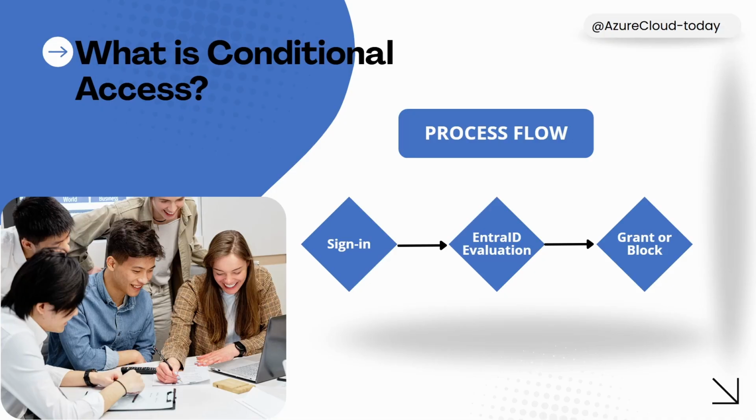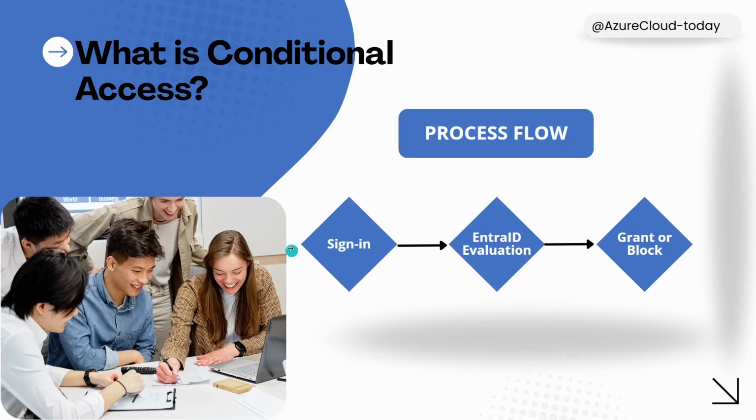Think of conditional access policy as security at a club, where the security guy does not just check your ID, they also check your dress code and whether the club is running at full capacity or not. In the same way, conditional access policy does the same thing in your organization by checking your identity, your device, your location, and many more things before it lets you in.